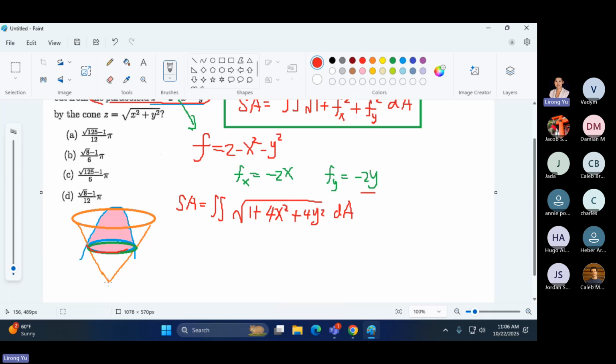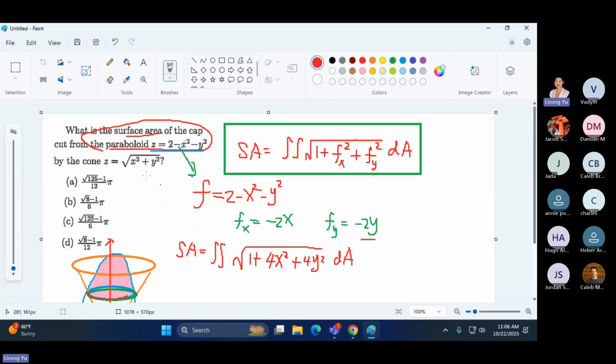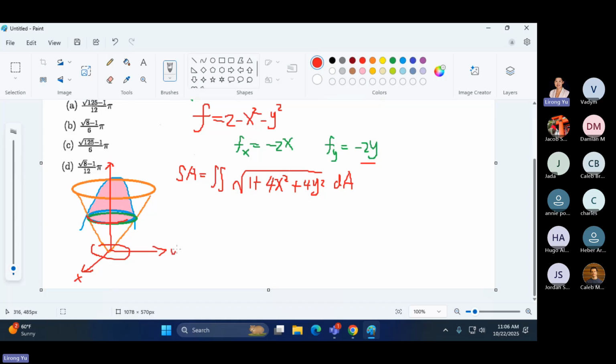Here is our x axis, y axis, and this is our z axis. So you have to find the intersection between the two surfaces in order to identify the integration region. Essentially, we're projecting this onto the xy plane, this x value, y value.